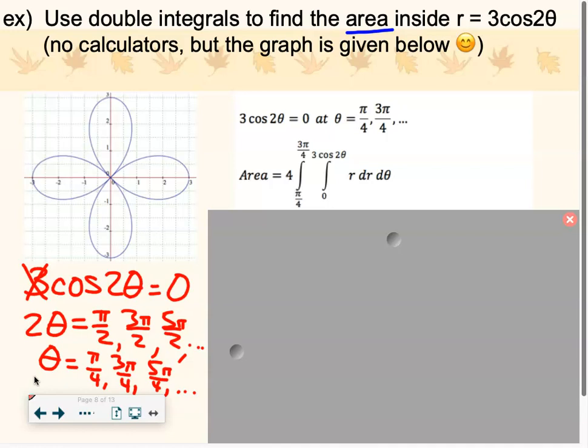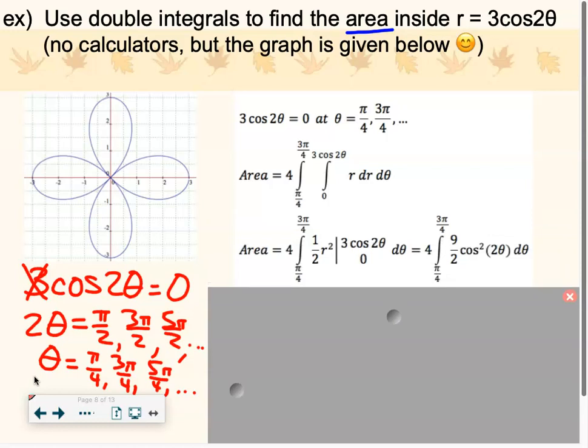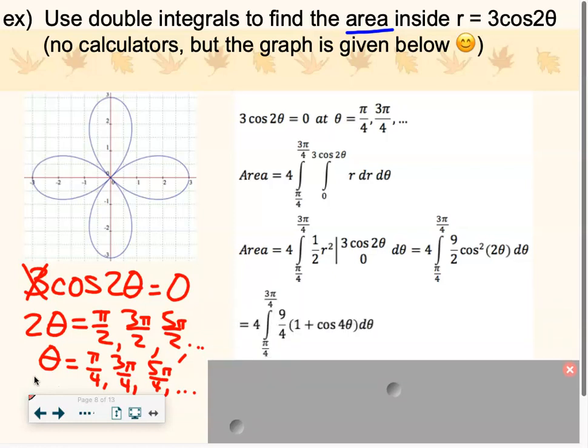So antiderivative of r, 1/2 r squared. Plug in your limits. 9/2 cosine squared 2 theta d theta. Aren't you glad you know the power reduction formula for cosine? Yes. Right? Okay. So this becomes what? 18 times 1/2 times 1 plus cosine 4 theta.